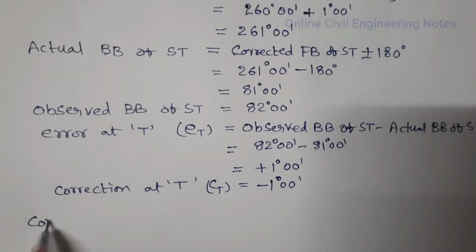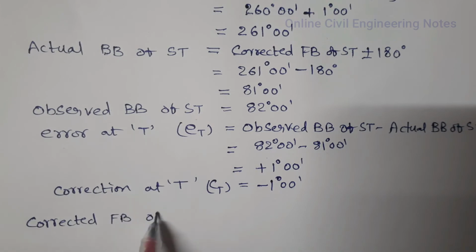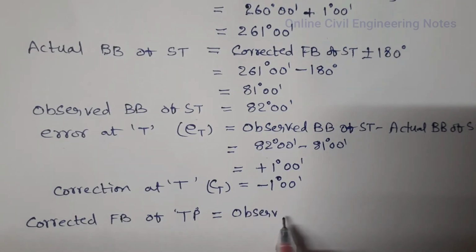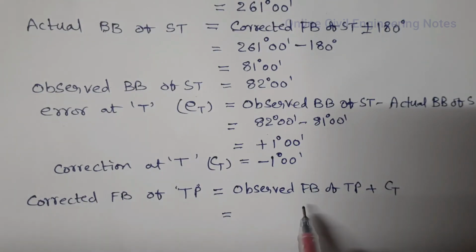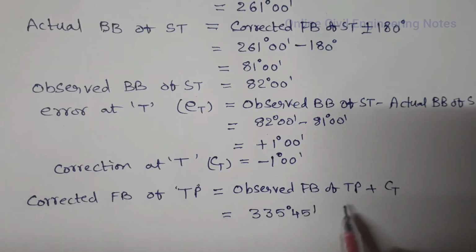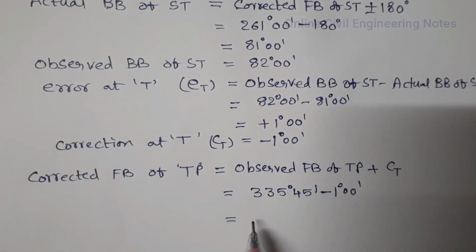Now calculate corrected fore bearing of TP line, which is equal to observed fore bearing of TP line plus correction at T. Observed fore bearing of TP is 335 degrees 45 minutes plus correction minus 1 degree, which is equal to 334 degrees 45 minutes.